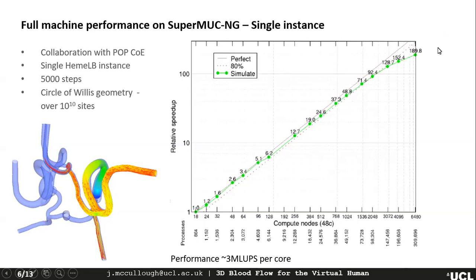Getting up to near full machine capacity, I guess this is to be expected to a certain extent, where even though we've got 10 billion lattice sites, the amount of computation that's being distributed to each core is no longer sufficient to outweigh the communication needed between the different cores.